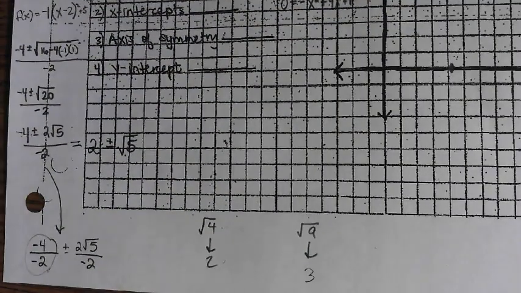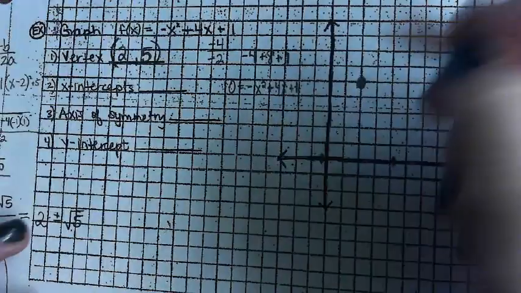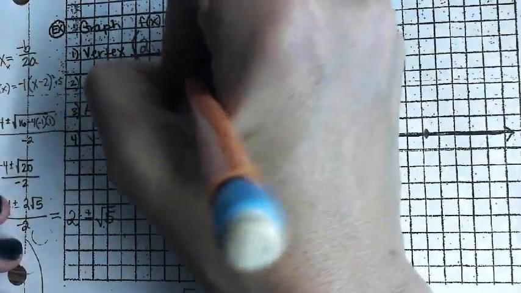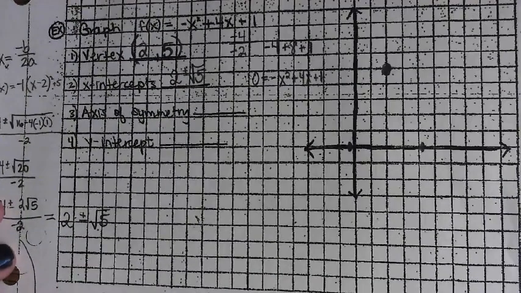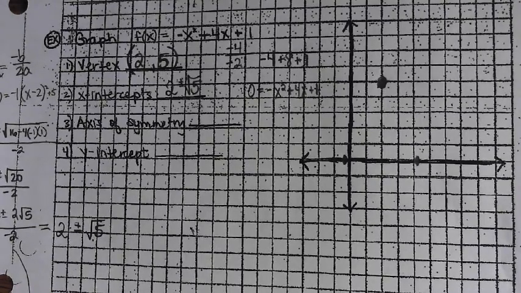And 2 minus 2.1 would be negative 0.1. Good? We're going to keep our x-intercepts written as 2 plus or minus root 5. We're not going to use our guesstimated decimals, but we have to guesstimate to get those on the graph.